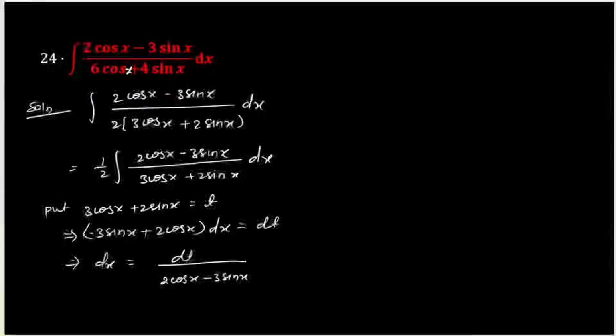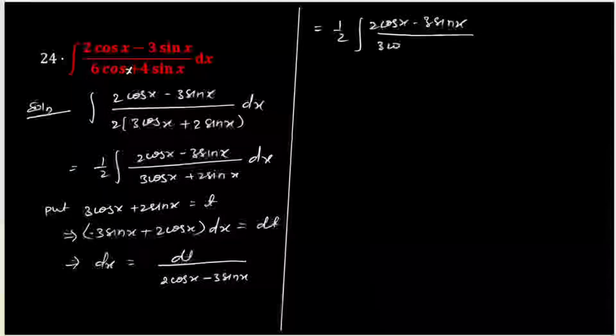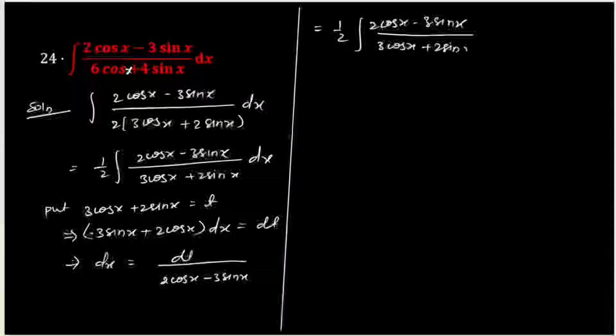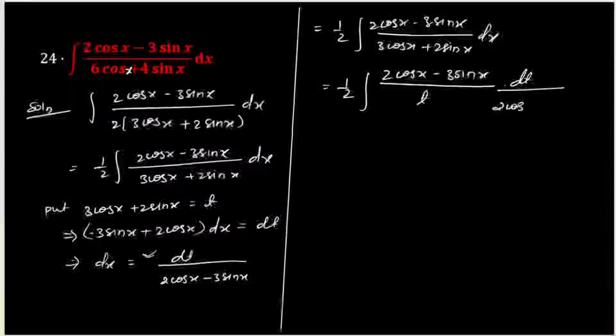Therefore the integral 2 cos x minus 3 sin x by 3 cos x plus 2 sin x dx is equal to 1 by 2 times 2 cos x minus 3 sin x by t, and dx is equal to dt by 2 cos x minus 3 sin x.